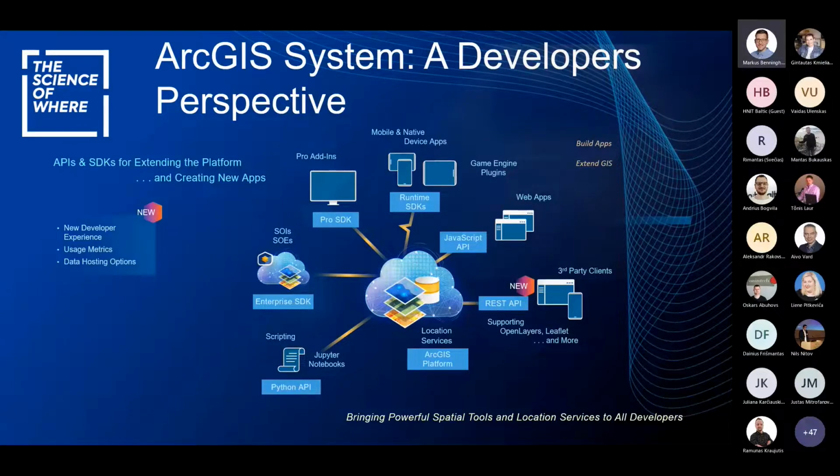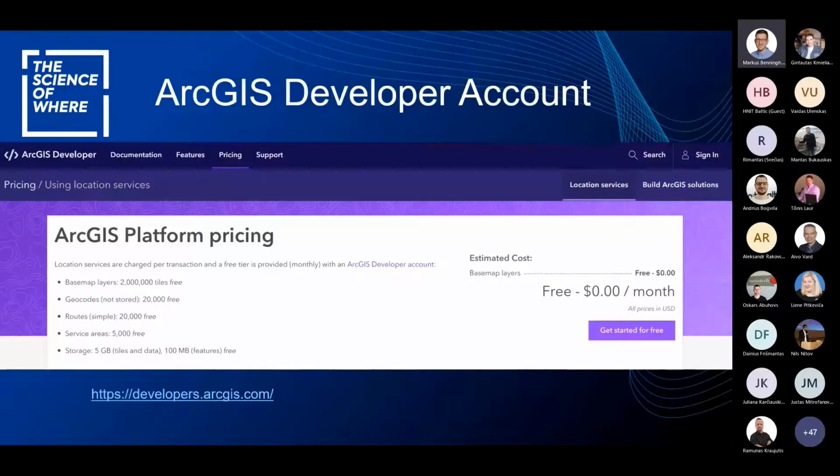But if you are a new developer in the ArcGIS system and you don't have any existing licenses, then the easiest way is to start with an ArcGIS Developer account. There are different subscriptions and plans, and you can start with the free plan.